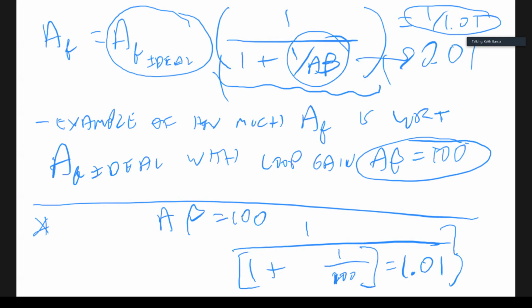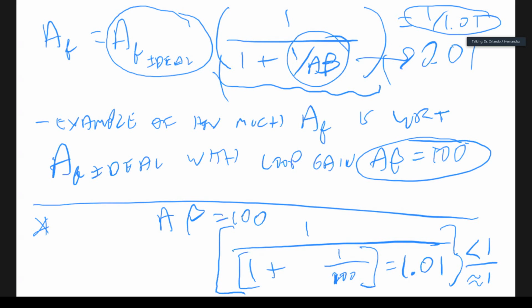Was there a significance of it being close to 1? Yes, because this whole factor, which is less than 1 but almost 1, reduces the ideal gain.